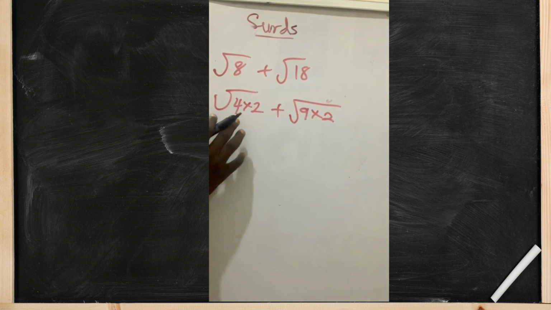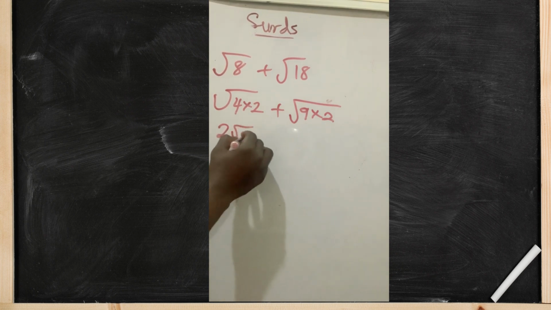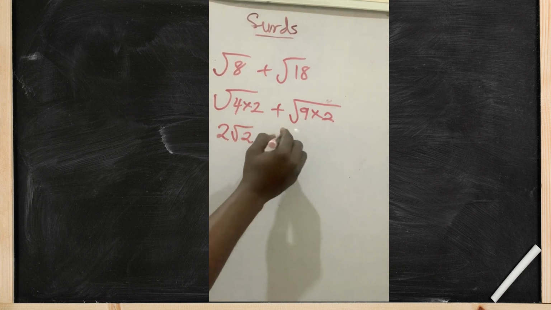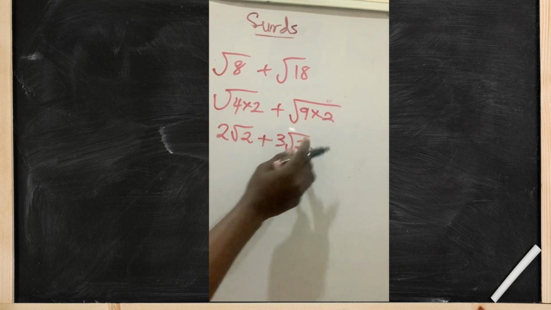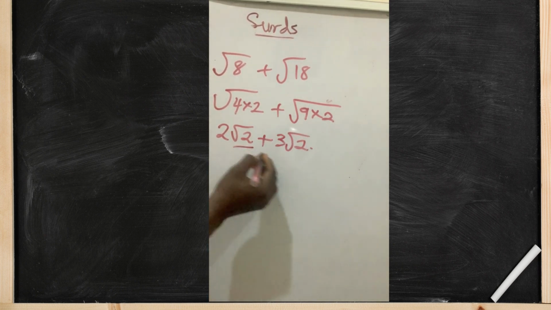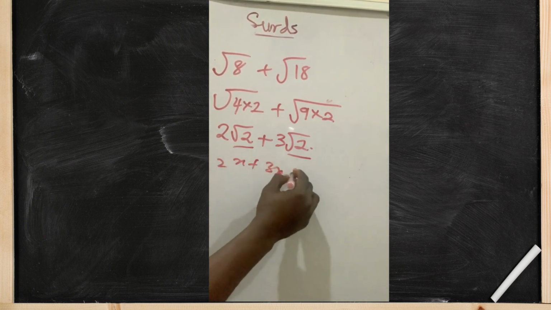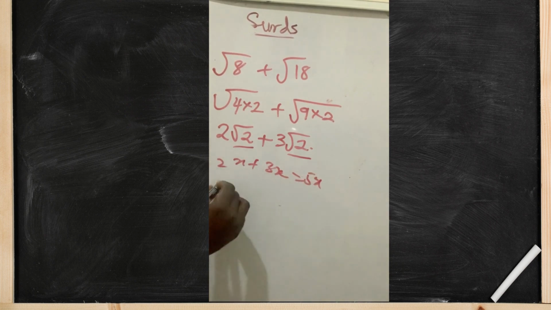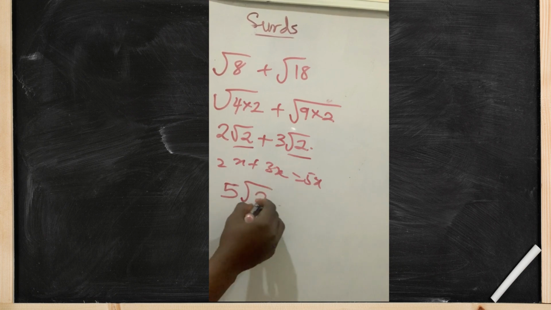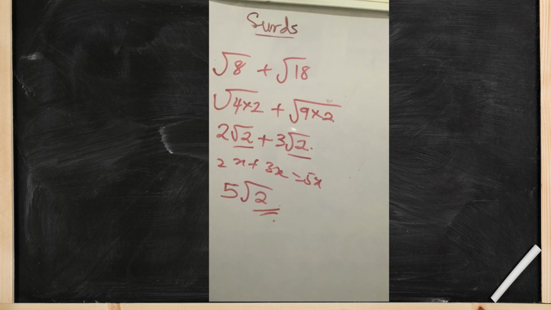By the time you find the square root of this, it becomes 2 root 2 plus this, that's 3 root 2. Now, the root 2 and root 2 makes this to be like terms, just like if this is 2x plus 3x, then it becomes 5x. It's the same thing, it becomes 5 root 2. This is the way you can add your surds.